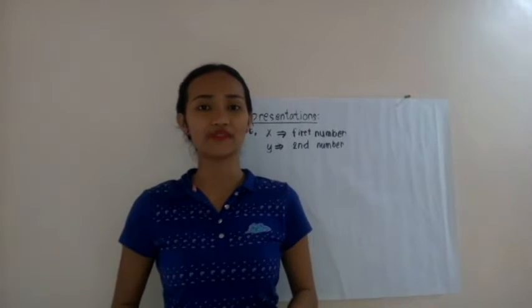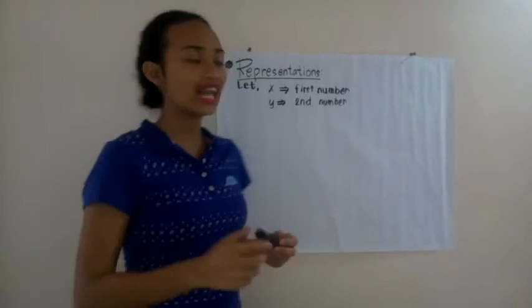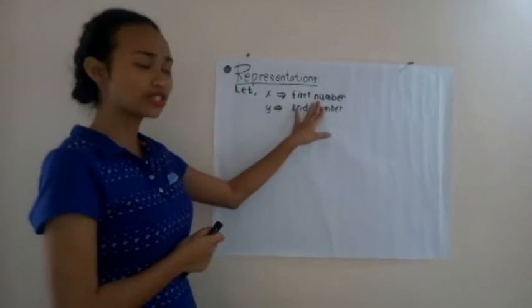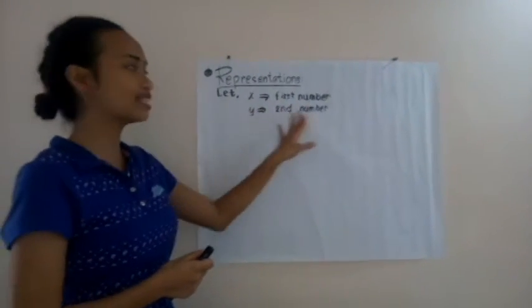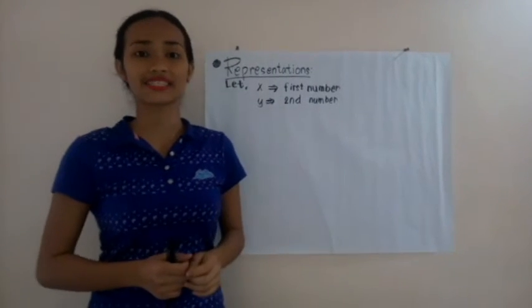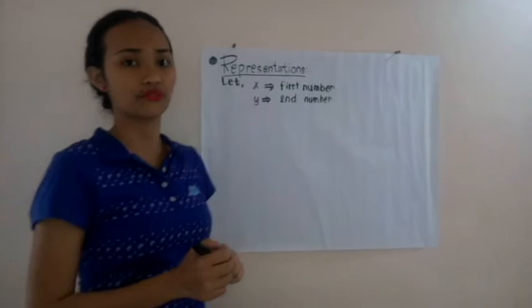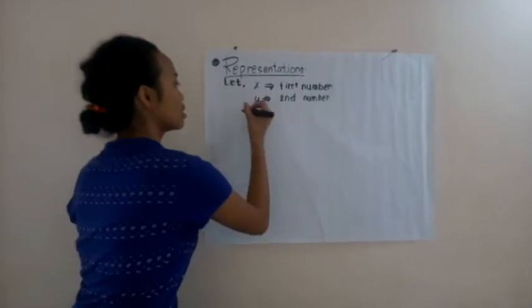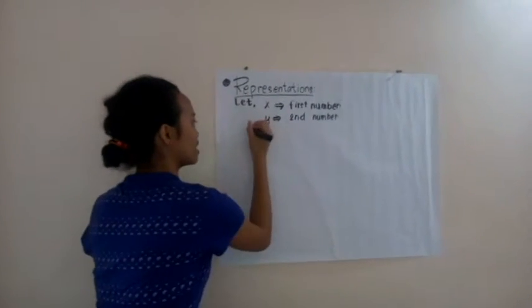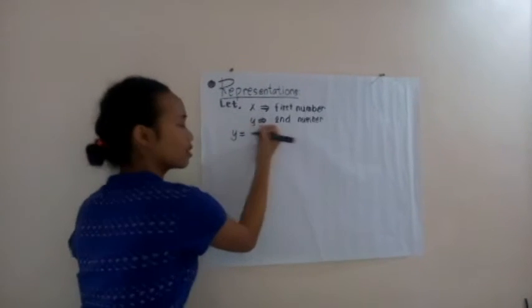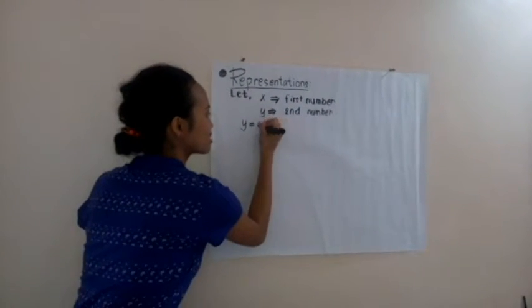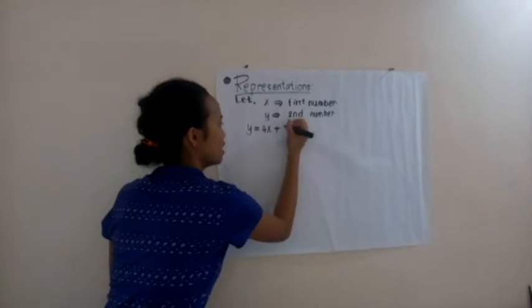Since the problem is having two numbers, let x be the first number and y be the second number. Since the second number is 4 times plus 10 greater than the first number, the expression for y is y equals 4x plus 10.